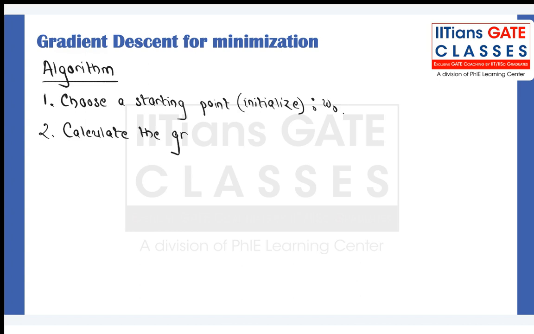gradient GW, which is the gradient of your loss function L(W).